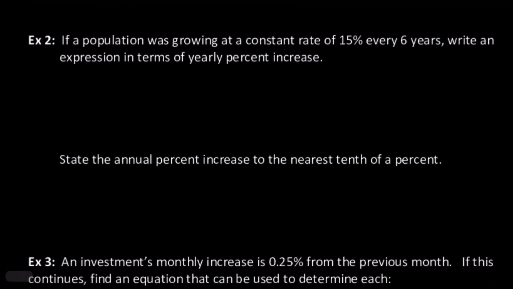If the population was growing at a constant rate of 15% every 6 years, write an expression in terms of the yearly percent increase. So you can pick whatever variable you want. For yearly, I'll use just a t. But let's think about how this works. Yearly population. So I don't know what the initial amount is. I'll just leave it P. Times 1.15. I'll take 1 plus 15%.